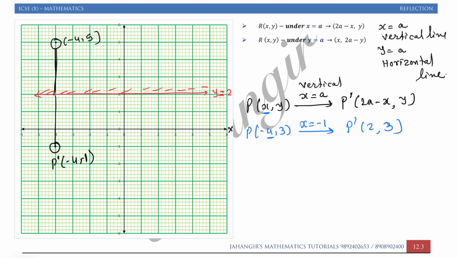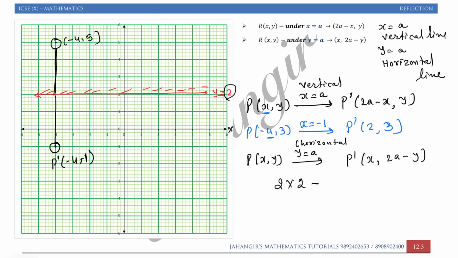So when P x comma y, when reflected in y is equal to a, that is horizontal line, we will get P dash x coordinate will remain same. Here you will get 2a minus y. Same way, same. So here a is what? A is this. So let us say 2 into a. That is 2 minus y coordinate is what? 5.